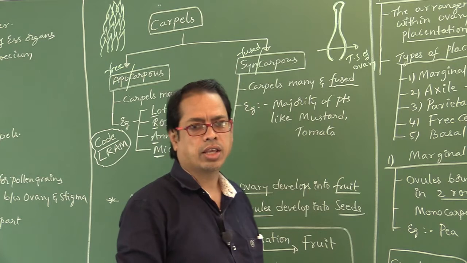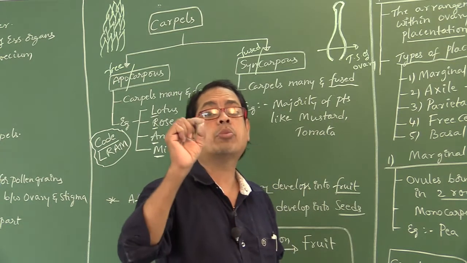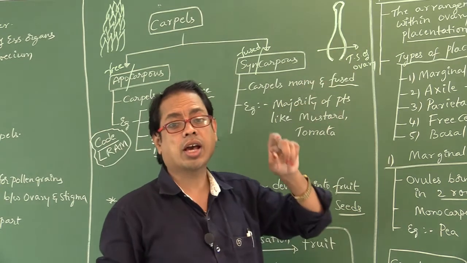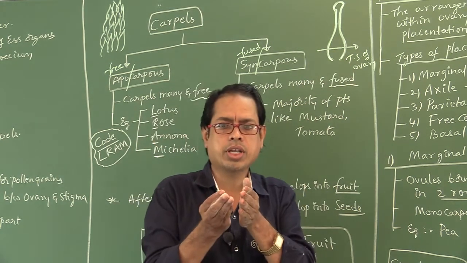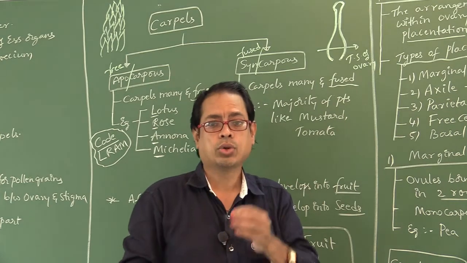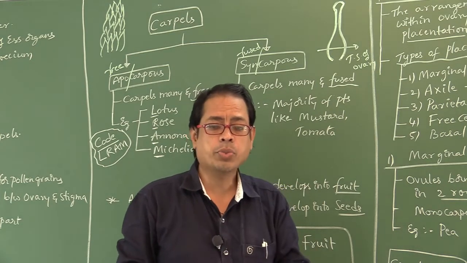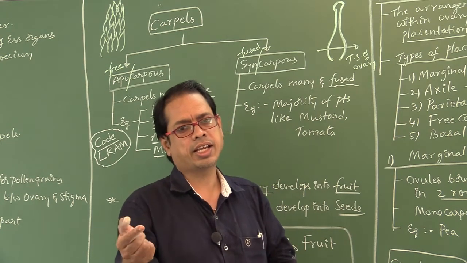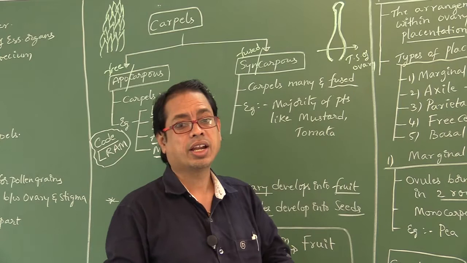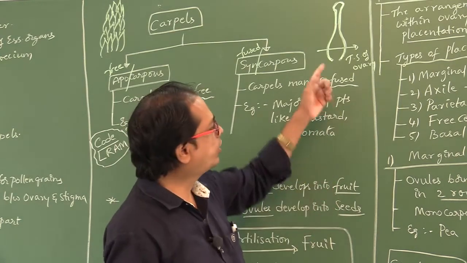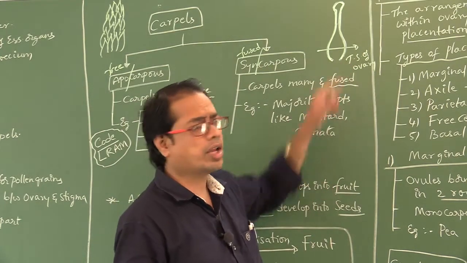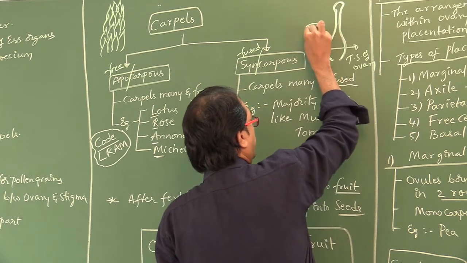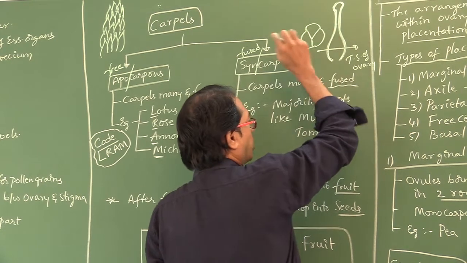If we do the TS of ovary, we are able to know the number of carpels in the syncarpous condition, where one carpel is present inside another. To know the number of carpels, the ovary will undergo section cutting. TS means transverse section. We are able to know the number of carpels, 1, 2, 3 like that.